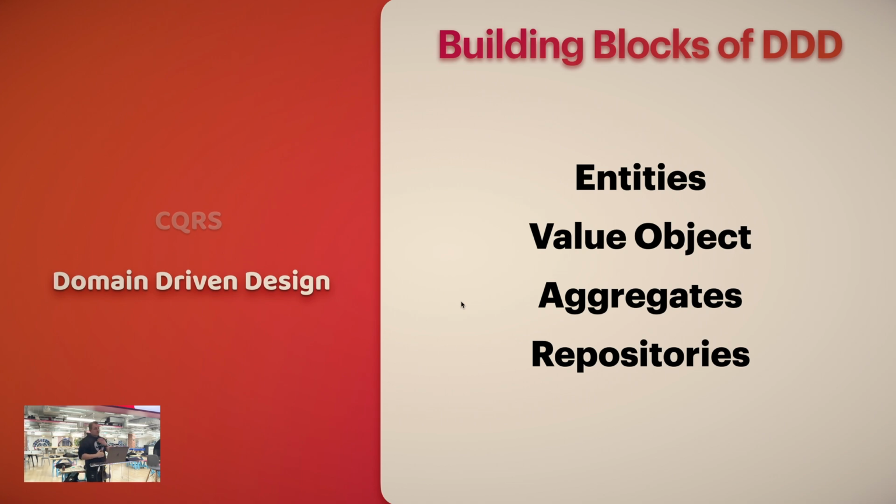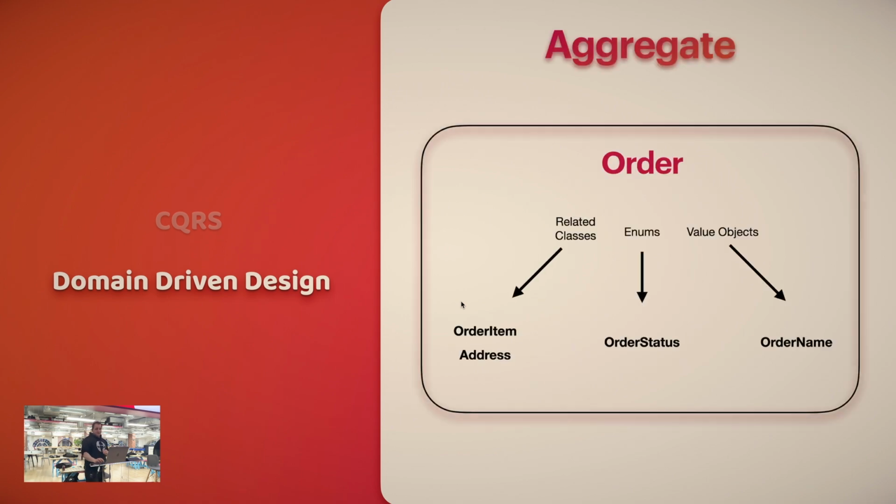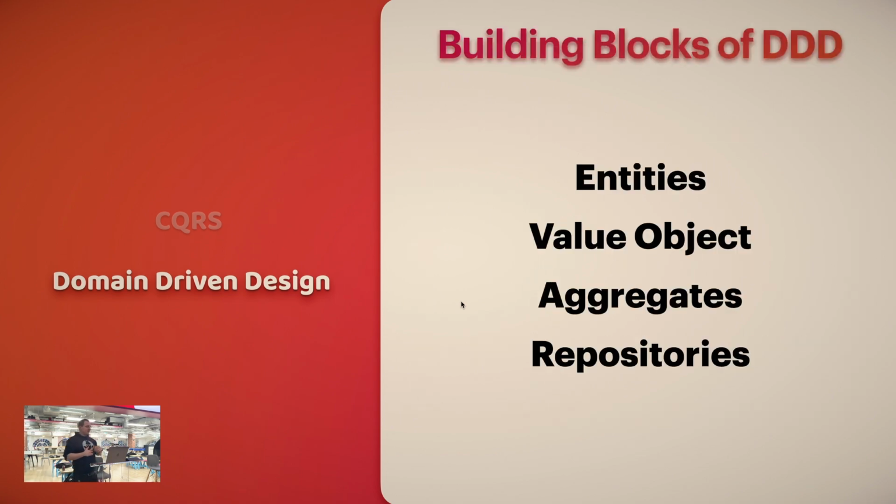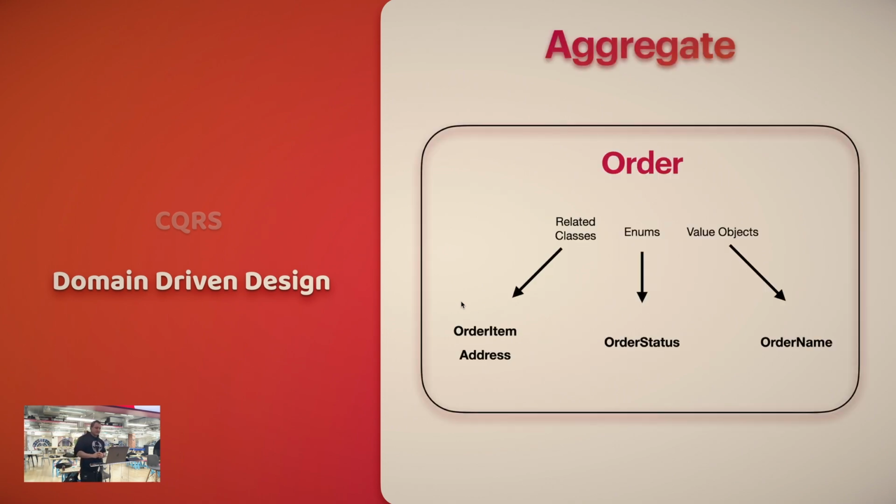Good. The building blocks of DDD are entities, value objects, aggregates, and repositories. So entities are identifiable by ID. Value objects are just structs where you have, for example, an address which isn't identifiable by ID. We have aggregates, which we'll have a look at, and repositories which load and save the aggregates. Good.